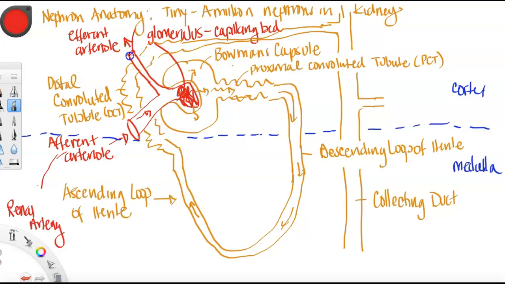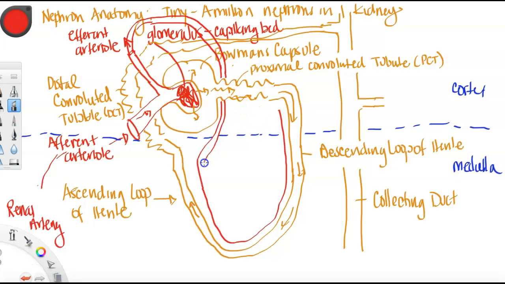So the efferent arteriole then becomes a set of capillaries that intertwine around the tubules. What I'm drawing here is like a straight line of a capillary, but it's not. It's like a bunch of capillaries just wrapped around the nephron.